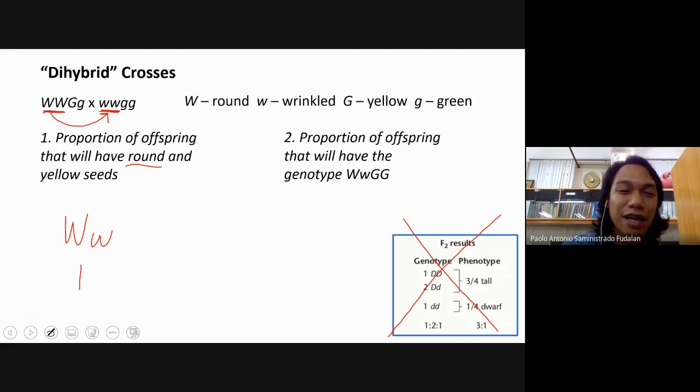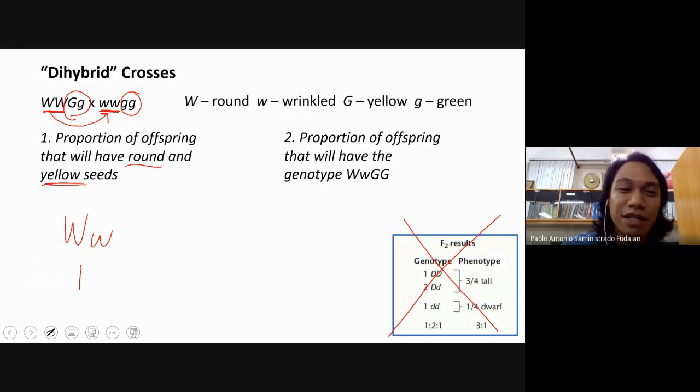Now let's look at the next character, yellow seeds. We have a parent that is heterozygous yellow, and a parent that is homozygous green, which is the recessive trait. This is similar to the 1/2 that we talked about a while ago, no? Big G, small g, small g, small g.